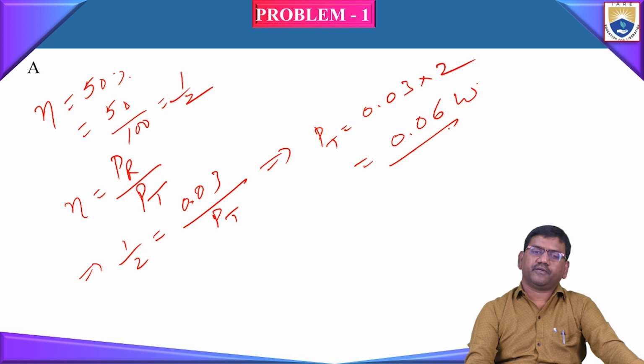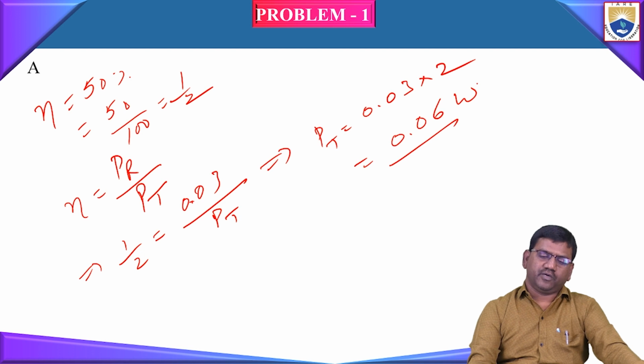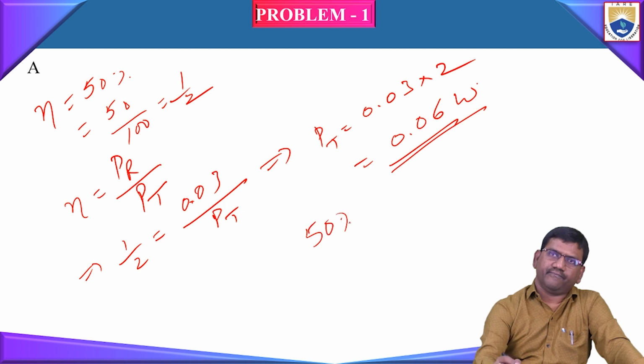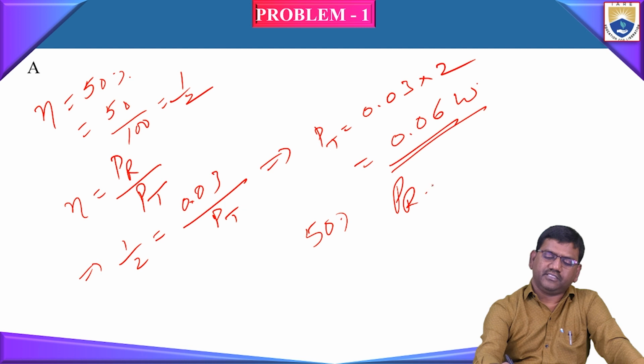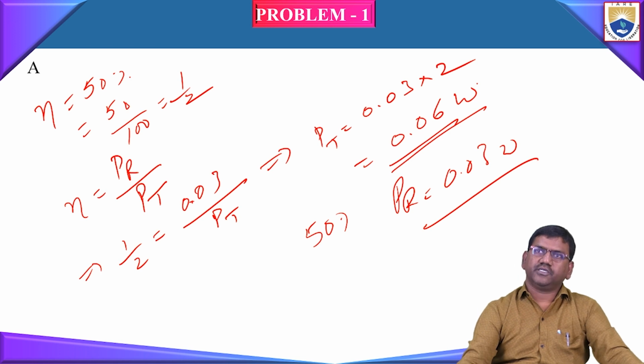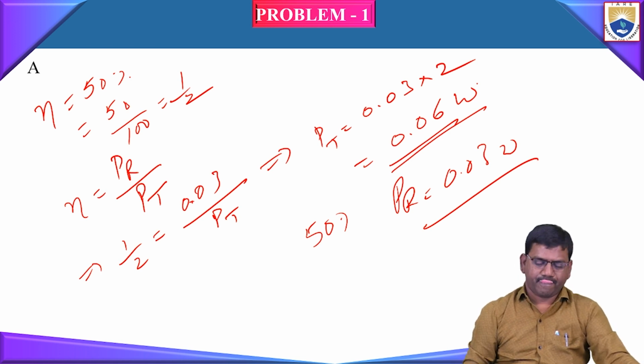So this is the amount of power transmitted between the two stations by ground wave propagation, 0.06 watts. We are propagating 0.06 watts whose efficiency is 50%, and hence the power received by the antenna is only 0.03 watts.